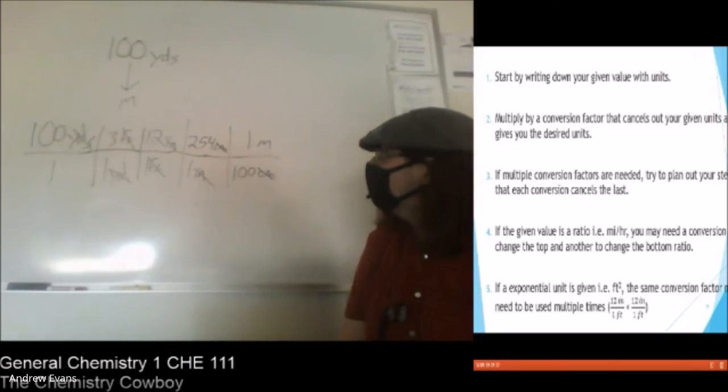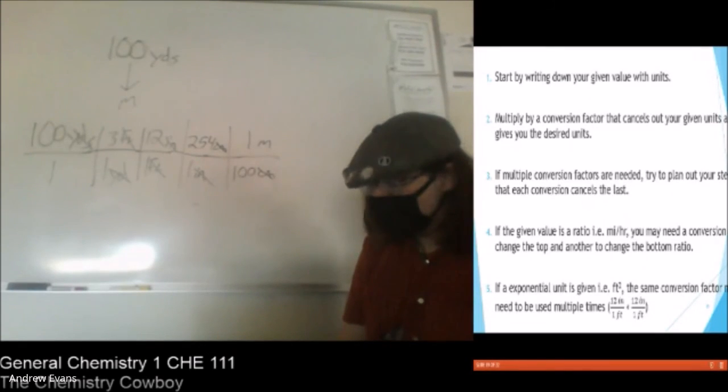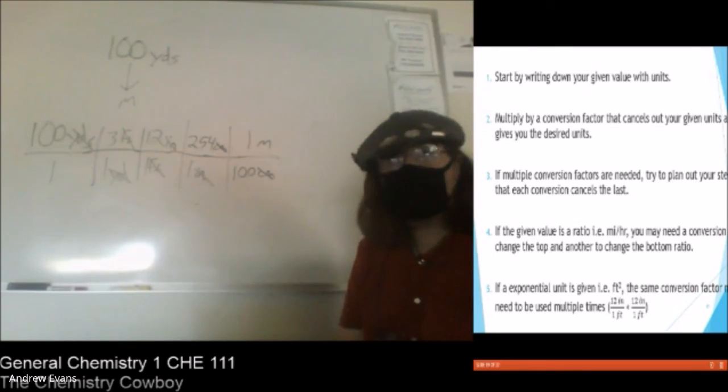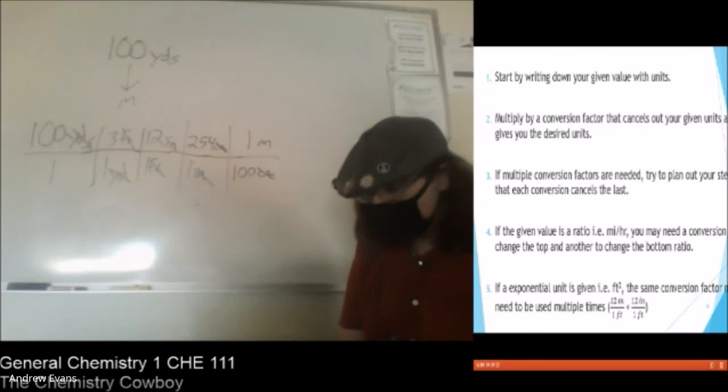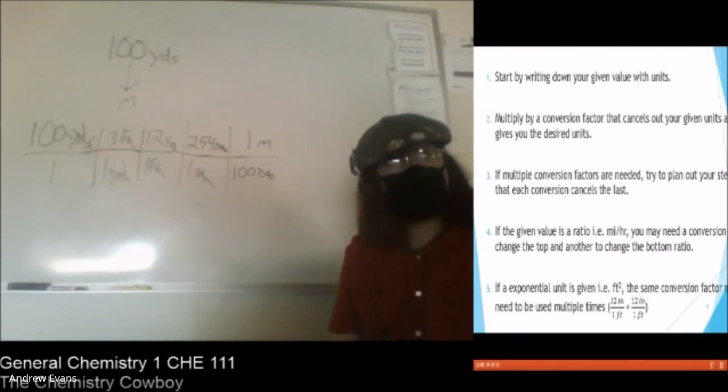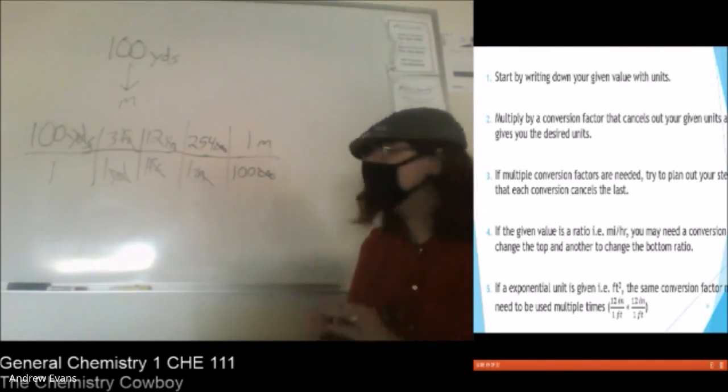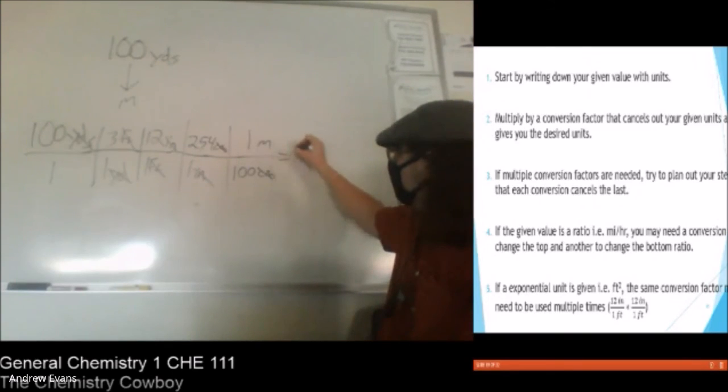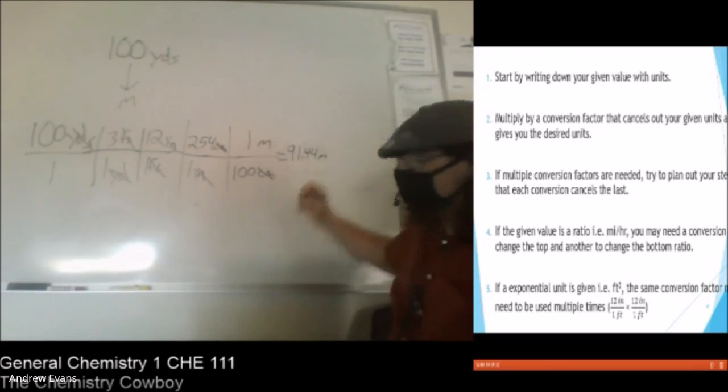And that 9,144, I'm going to divide by 100 because I have 100 on the bottom. And that means in that 100 yards, there would be 91.44 meters.